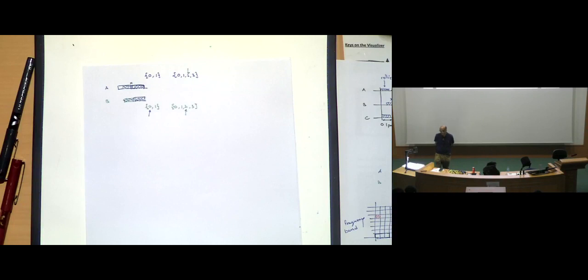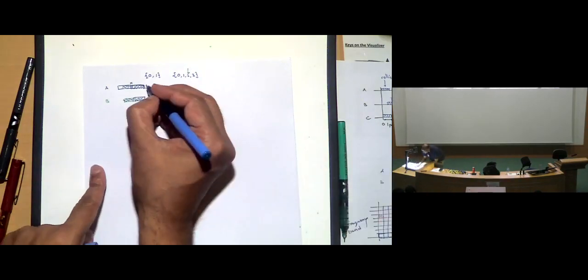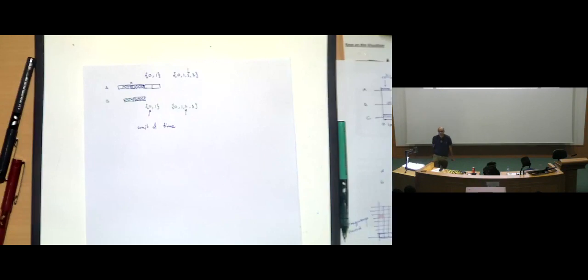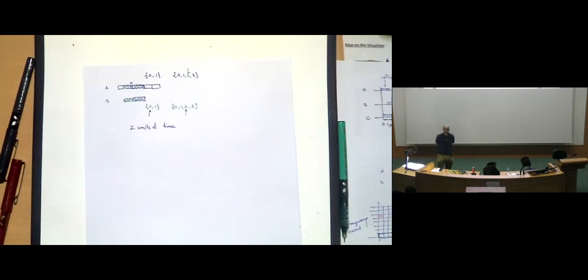Then what? Then it says you wait for some units of time. Right? So in this case, let's say 2 units of time is what I'm going to wait. What is this unit of time?